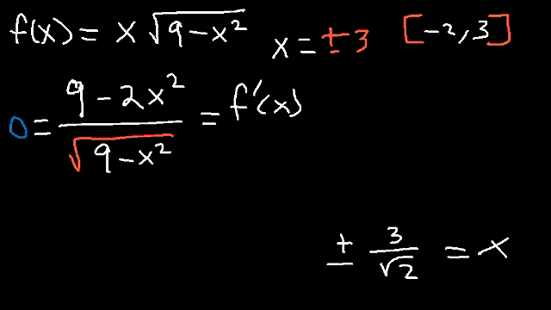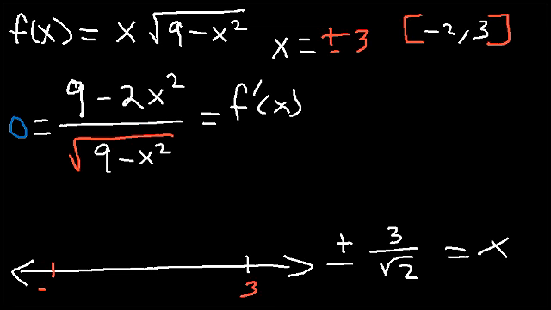So now let's make a number line. So we have 3, negative 3. 3 divided by the square root of 2 is about 2.12. So we have 3 over root 2 and negative 3 over root 2. Now we don't need to plug in anything past 3 because the interval stops at 3.